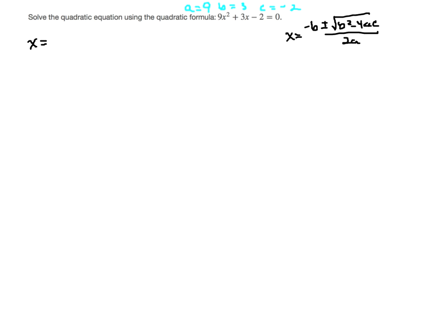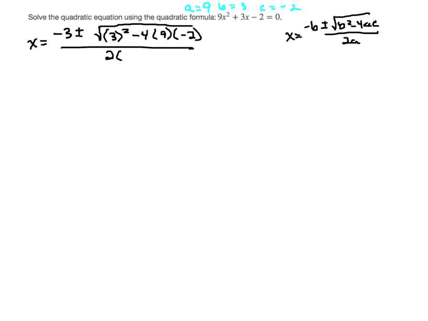A always goes with x squared, b always goes with x, and c is always the constant. So the opposite of b, plus or minus the square root of b squared minus 4ac, all over 2a.